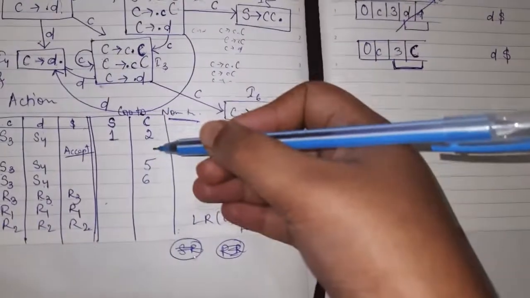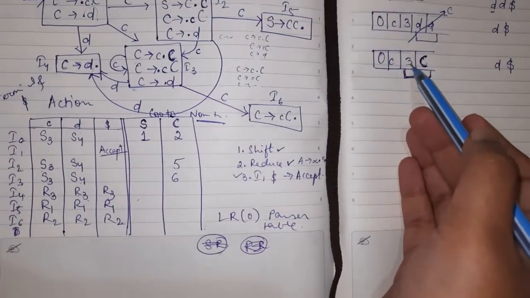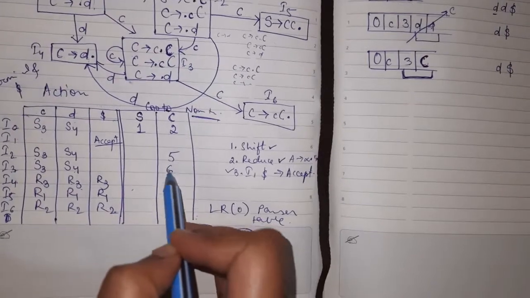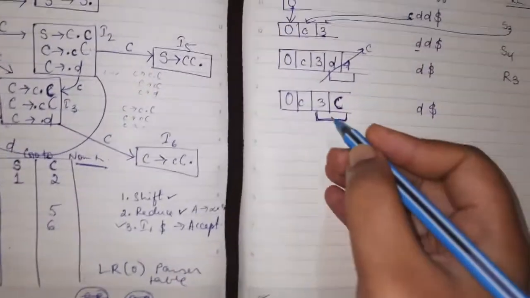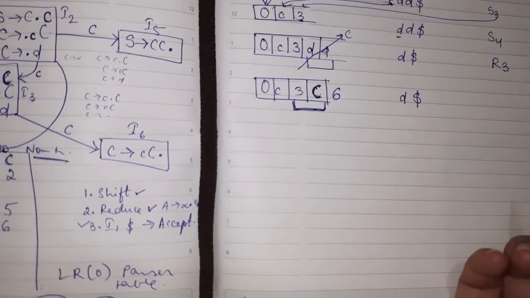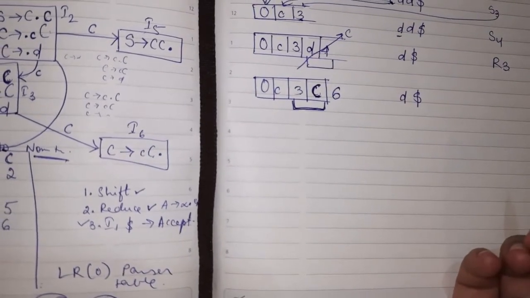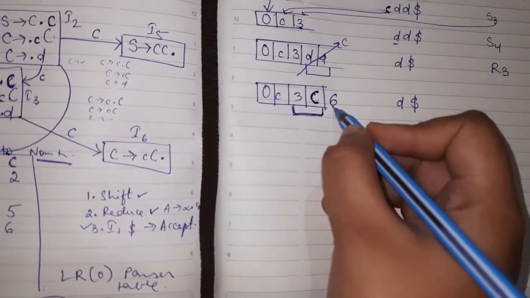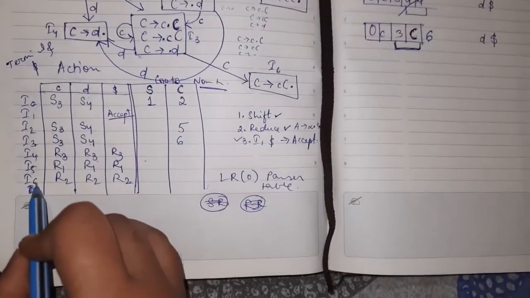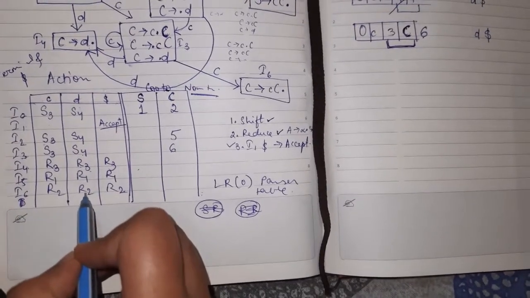Means in the goto table we will see the connection between 3 and C. Between 3 and C, 6 is there. So I need to just push 6 into the stack. After that I need to see the connection between 6 and D.